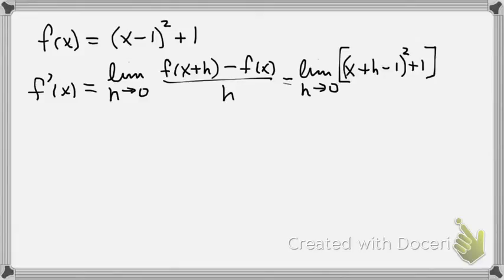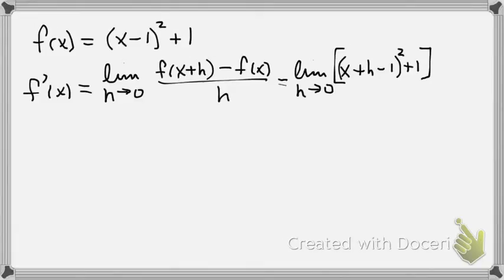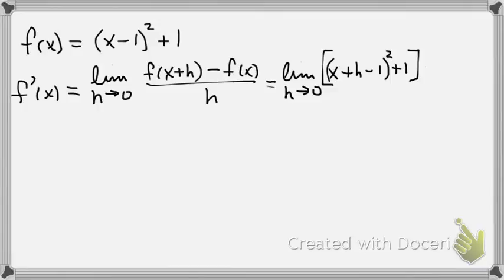And I'll go ahead and put brackets just to emphasize that all of that is just the f of x plus h, right? Minus x minus 1 squared plus 1, that's f of x, all over h. You guys with me on this?